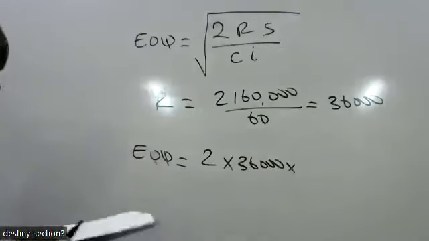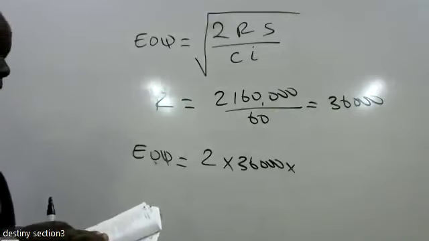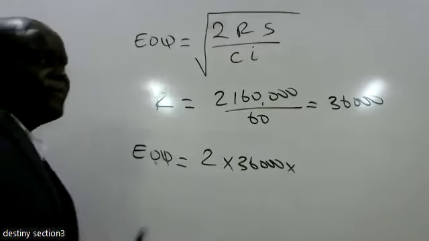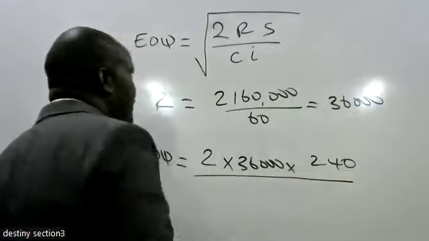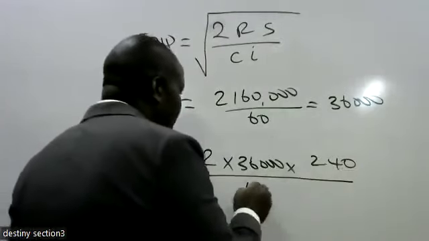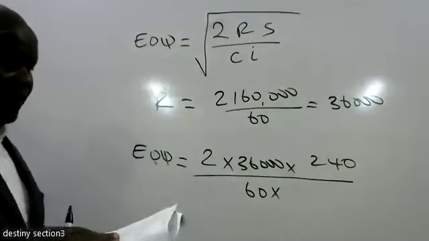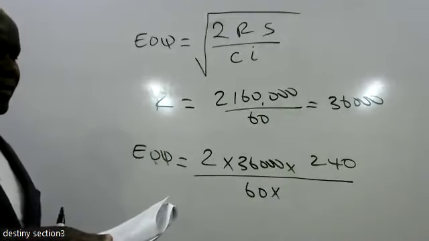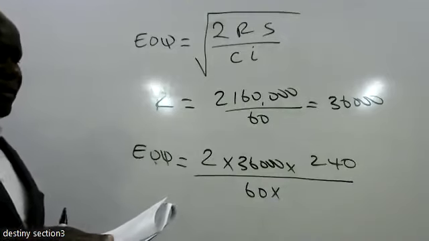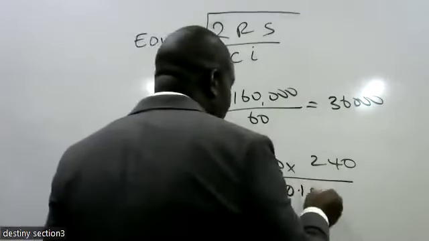S is given to you in note number 4. The cost per order placed is how much? They gave you 240. Then we divide by CI. C is given as 60. I is given to you in note number 3. Carrying cost is what percentage of the purchase price per unit? 15. So 15% is the same as 0.15.